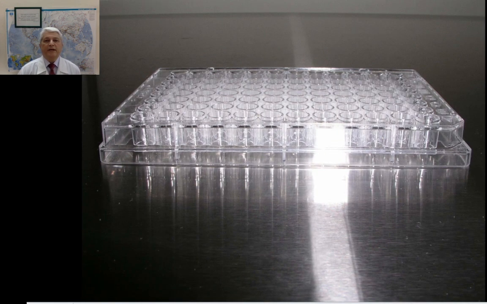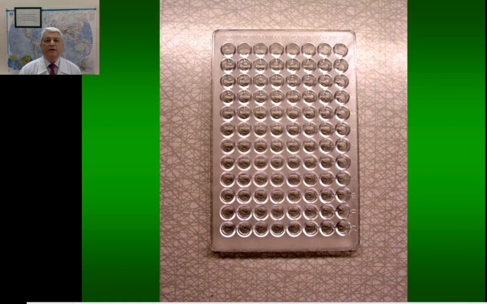This is the plate consisting of 96 small test tubes in which we make all our procedures. You can simply calculate that we have 96 small test tubes, because this row is 8 and this row is 12.